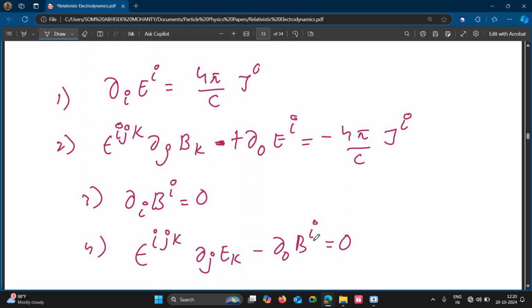So the first two equations involve sources, that is J_0. J_0 is actually c rho, and J_k is actually the J vector. K can be 1, 2, 3. So the first two equations, let me write again in terms of the field tensor.